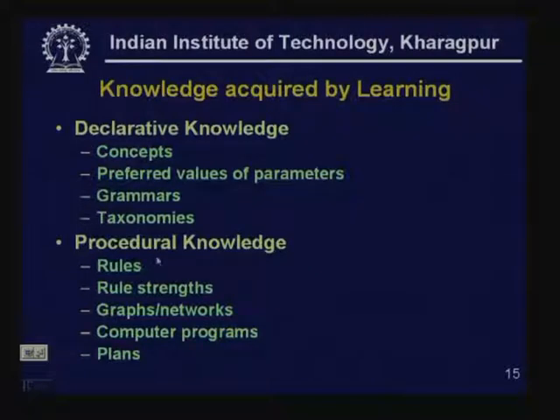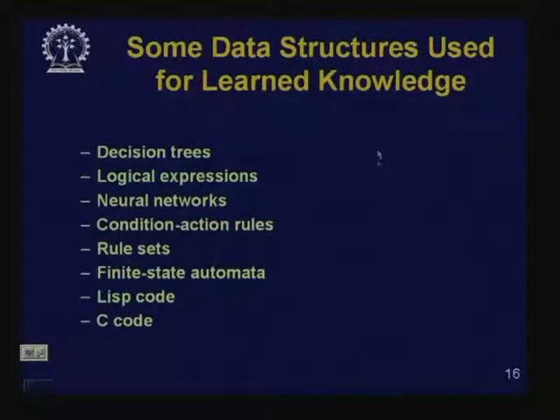Procedural knowledge can be expressed in terms of rules, rule strengths, graphs or networks, computer programs and plans. Certain data structures can be used for storing learned knowledge. A few of these algorithms we will see later in this course.